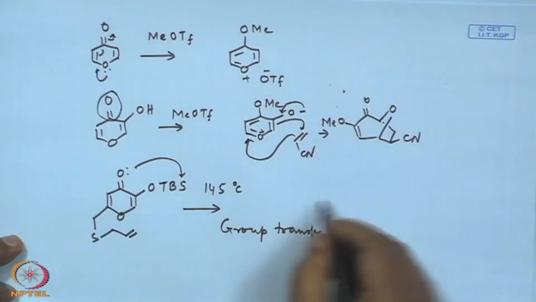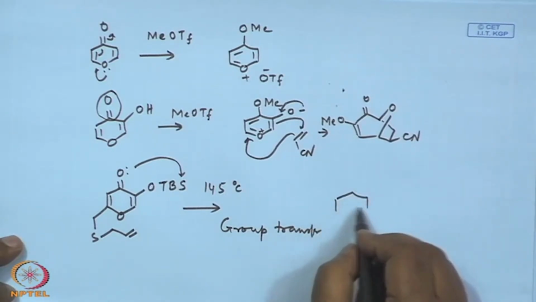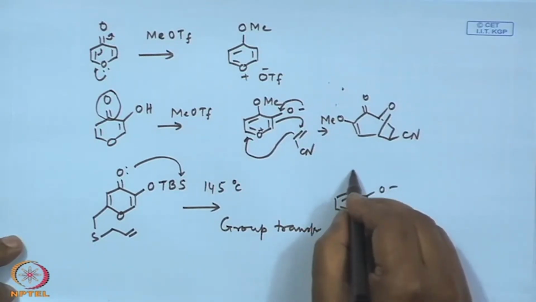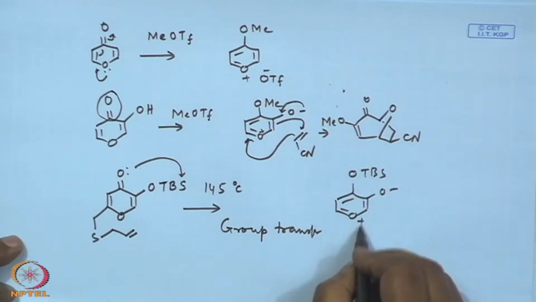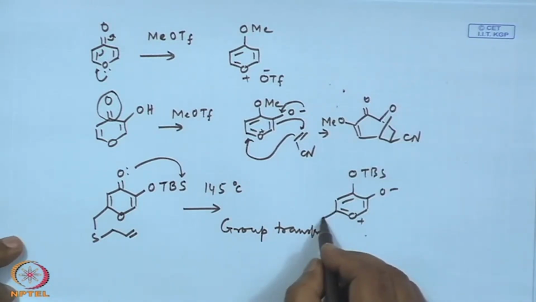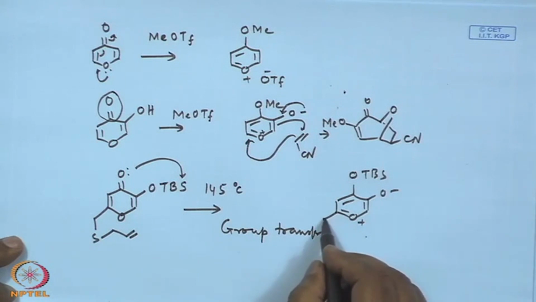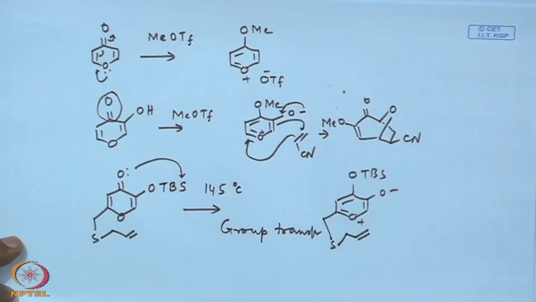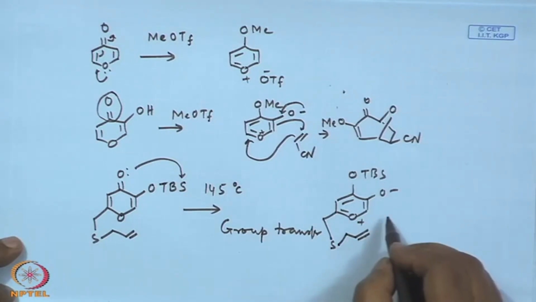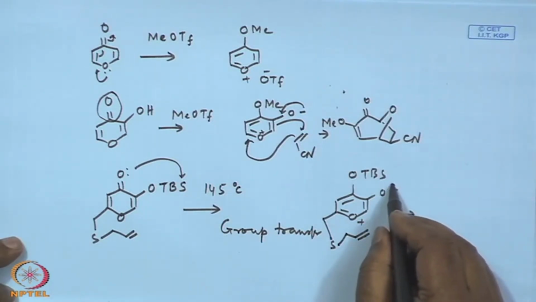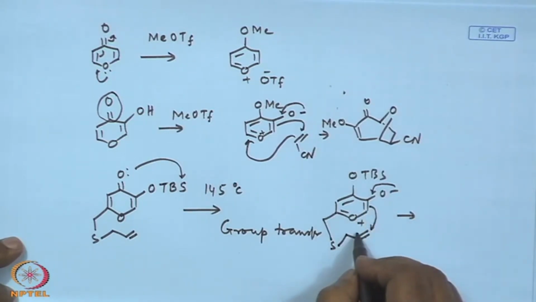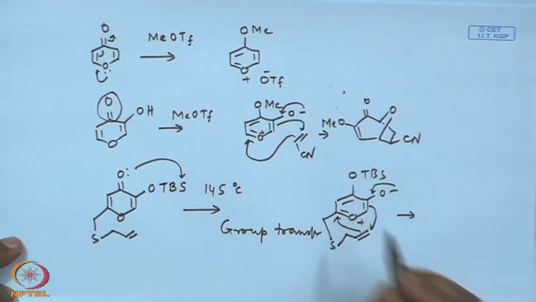So, once this occurs, what you get is again an oxido pyrrolium ion, that is it, and the rest of the thing is as usual, and you have sulfur, then you have an allylic system here, and by virtue of the geometry these two positions would react at this end, and the double bond now moves to the pyrrolium ion.